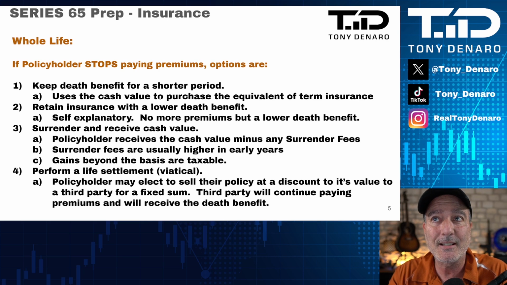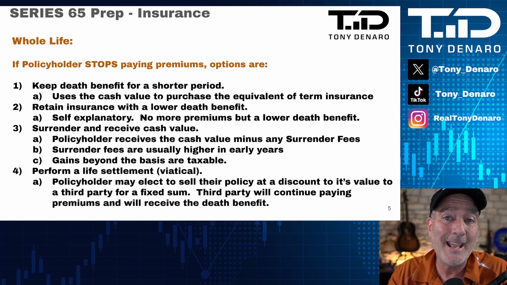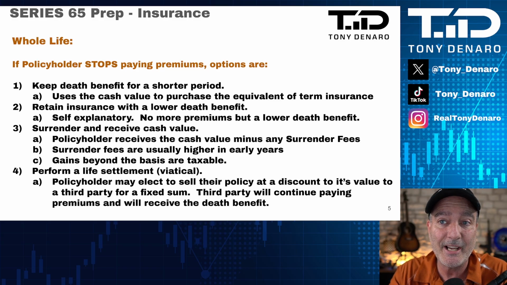And think of that as for someone that is older, maybe they have end-of-life medical care that is going to cost them a lot of money. They could, in essence, sell the value of their whole life policy to a third party. Let's say you had a $500,000 policy. Maybe this third party buys it from you for $300,000. You get $300,000 cash.